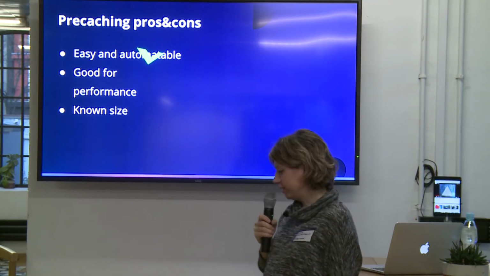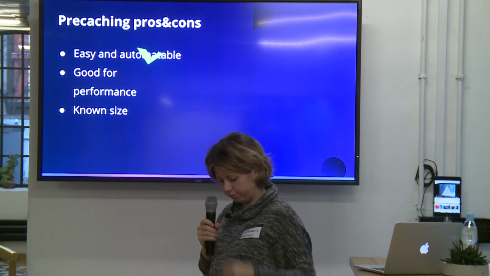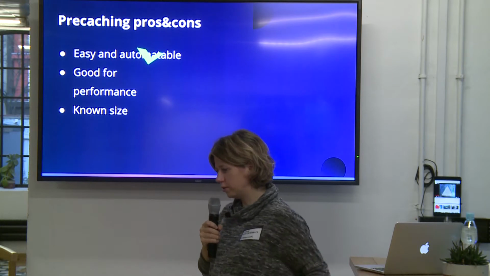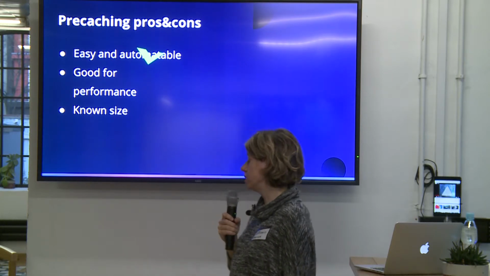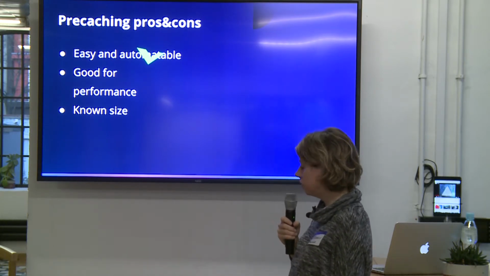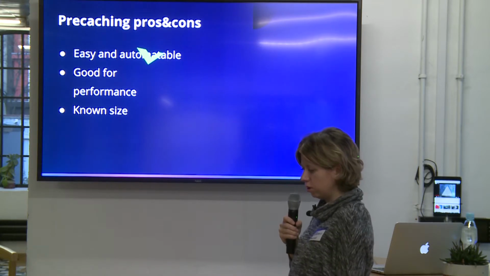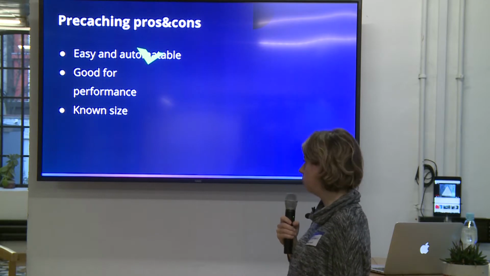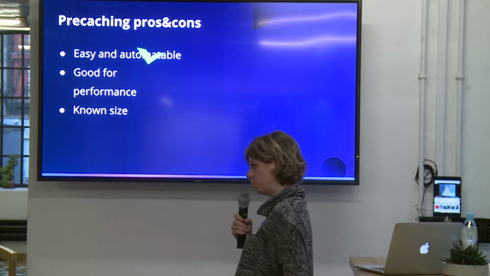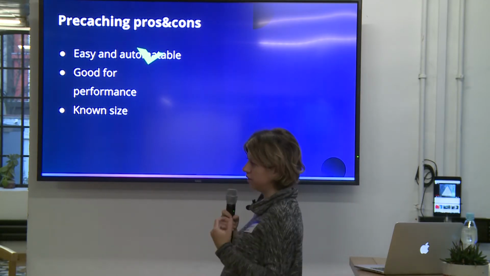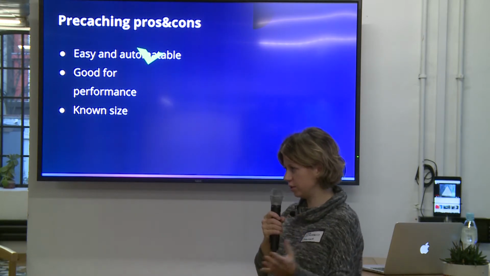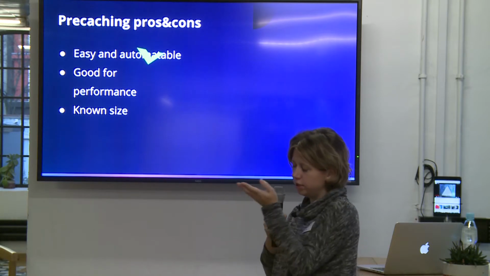So precaching is very easy because during the install event, you can just compare what you have in the cache, what other resources are needed, and replace the ones that need to be replaced. So it's very easy to manage because there is a given moment in the life cycle where you do that. It's good for performance because you're precaching stuff before the user needs it, which means once the user requests given images or scripts or something, they're already in the cache.